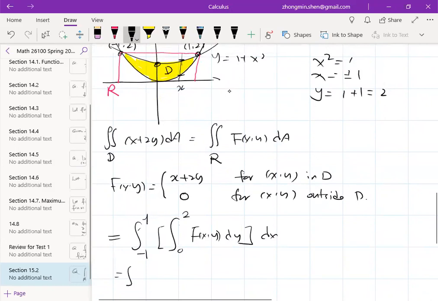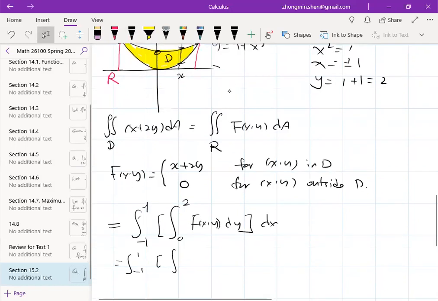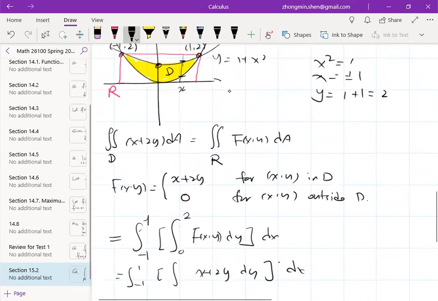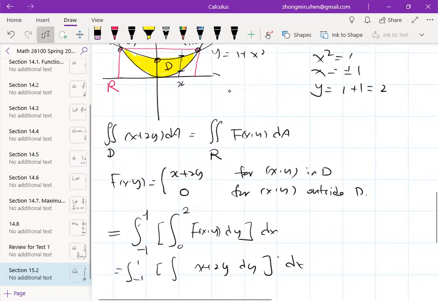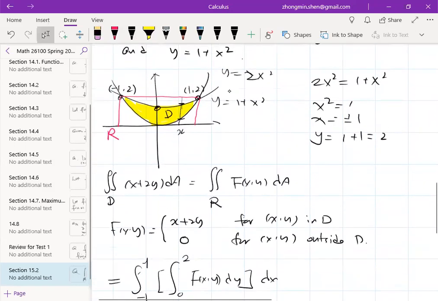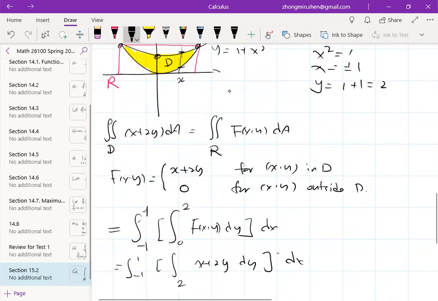So I can replace, if I want to replace capital F by x plus 2y, then I have to replace the interval. The interval right now, the smallest y value, is going to be 2x squared. The top one is x squared plus 1. Okay, why?